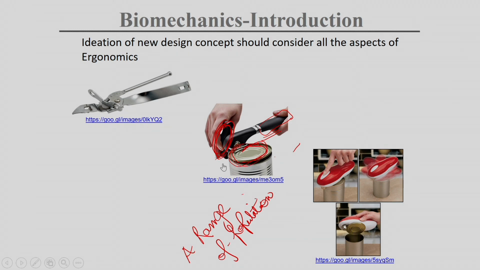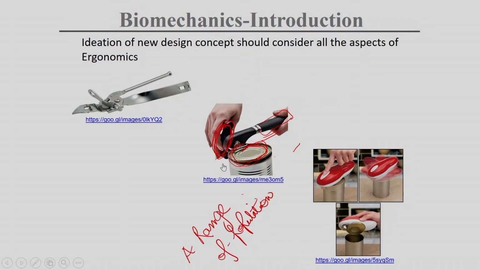In this type of case, these are the biomechanical aspects we need to think of: the information related to the force, how much they can exert, and how much strength you need. These are the information you require from the point of view of biomechanics to design a certain product.